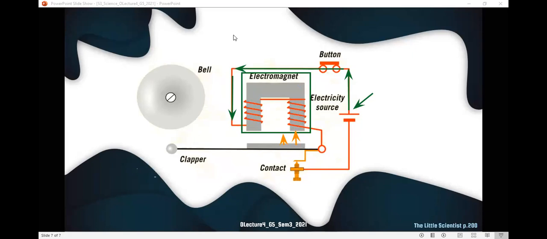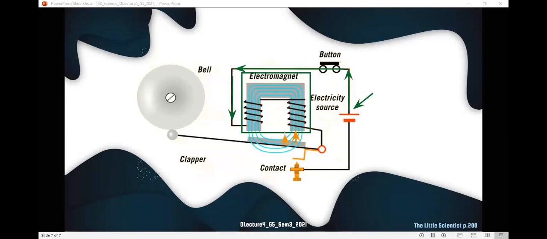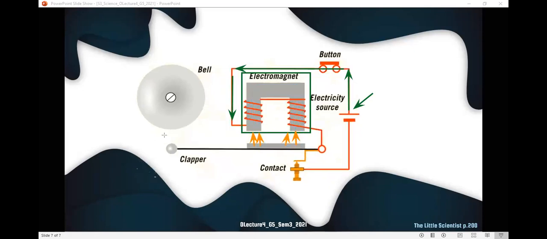So the electromagnet attracts this iron to it. Okay. When it attracts the metal bar, what happens here? What happens to the clapper? It rings. It hits the bell. The clapper hits the bell and then the bell rings.